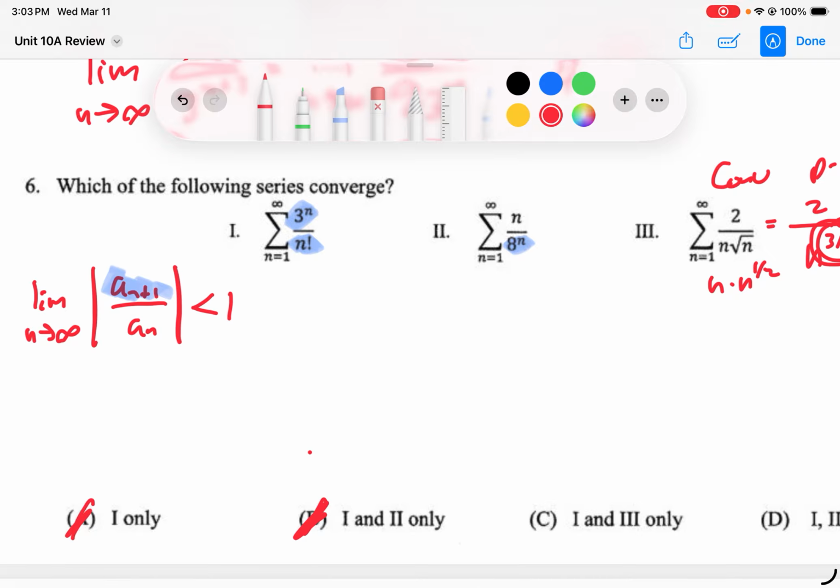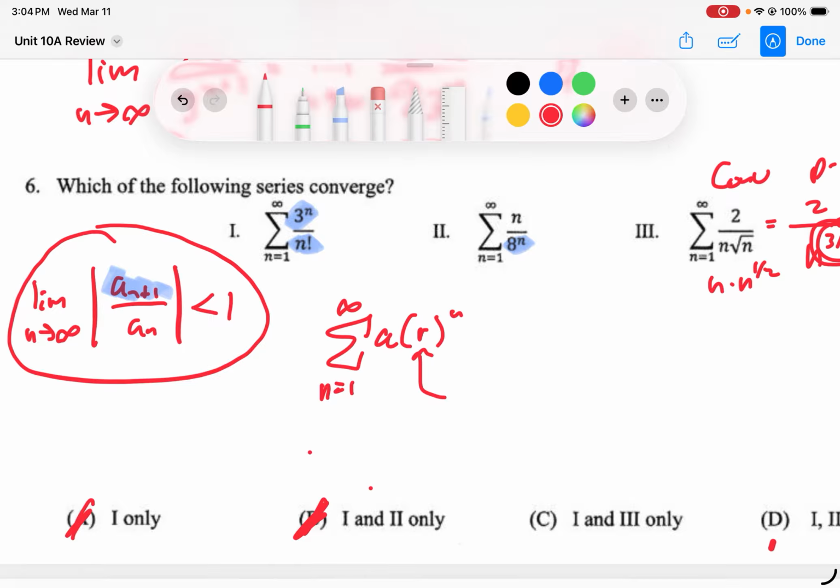And I want you to realize that the ratio test is basically like the geometric series. A geometric series converges if this R number is less than 1. Using the ratio test, it converges if that ratio is less than 1. That ratio is defined by the term divided by the one before it.